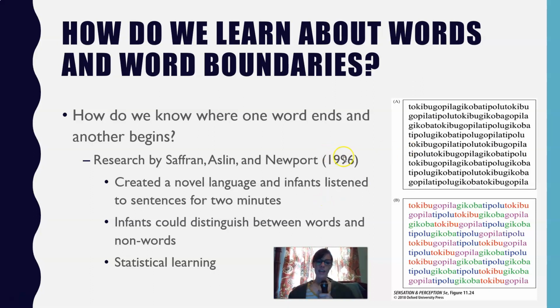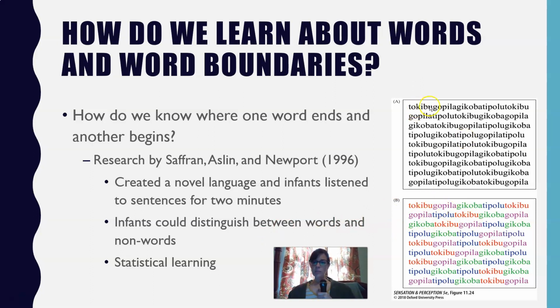But Saffran and colleagues tried a really interesting idea with infants. They created a novel language like this, and infants listened to different sentences in this fake language for about 2 minutes. And then over time, infants learned to distinguish between words and non-words.